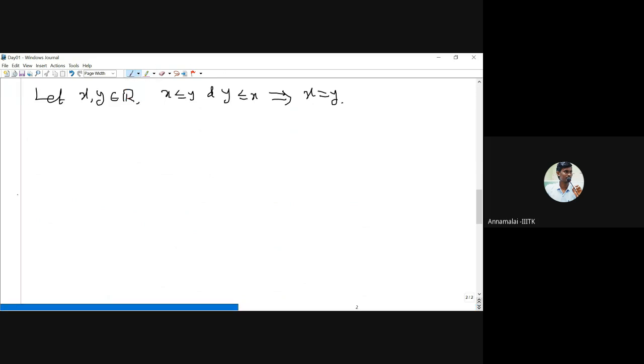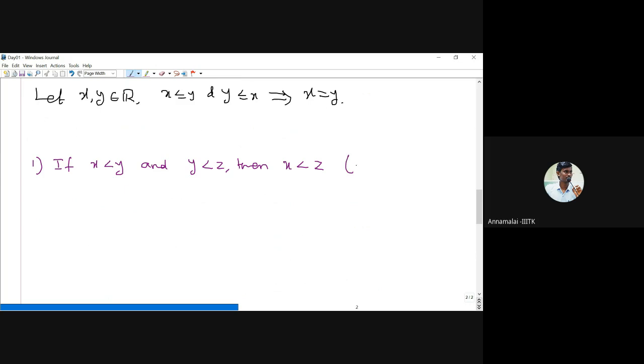The first one is, suppose x is less than y and y is less than z, then using transitivity, we get x strictly less than z.